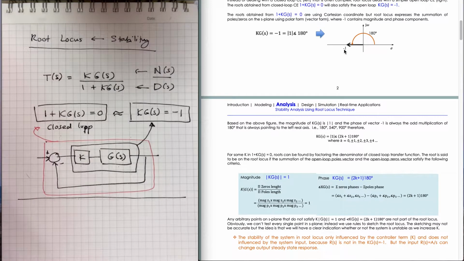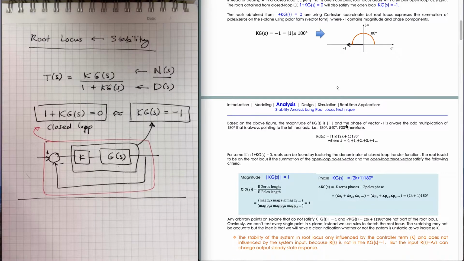Based on this figure, I think it is a bit tricky to understand, but you will get it after this. This is the magnitude of KG(s).